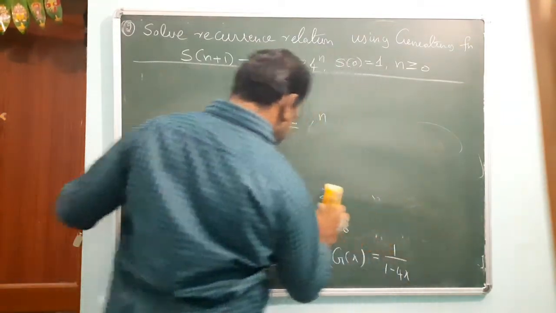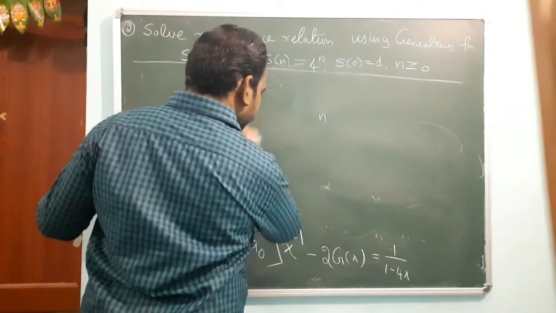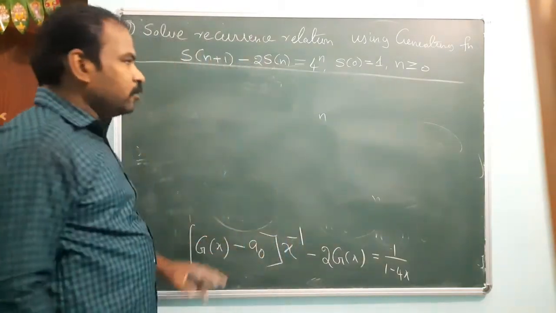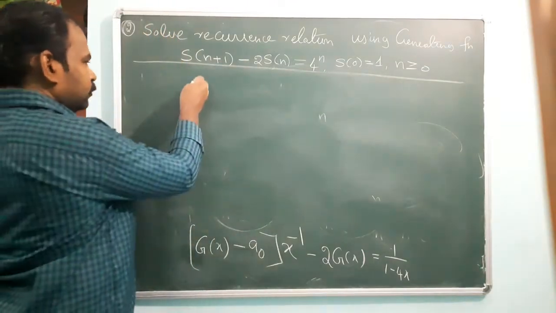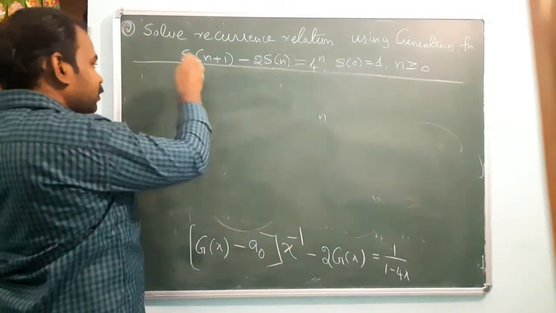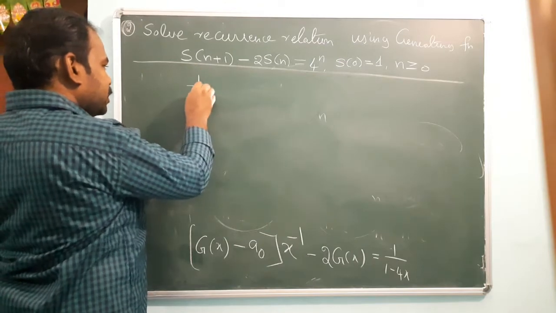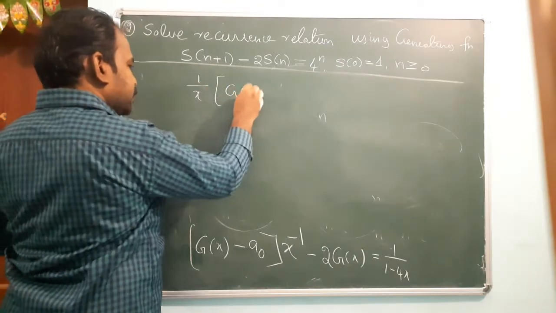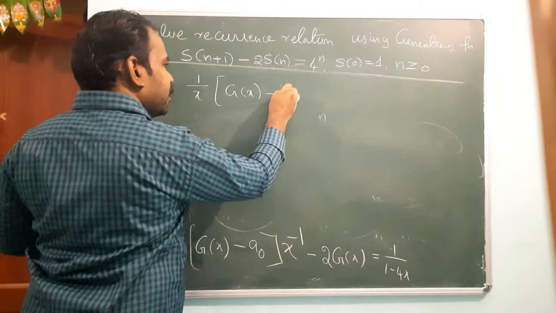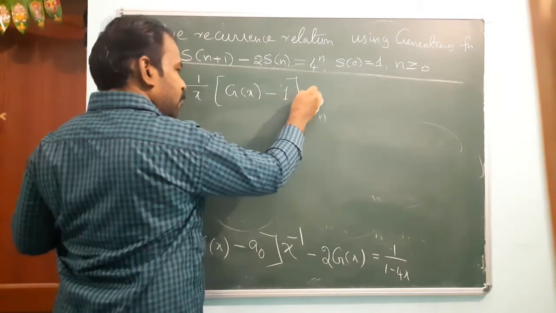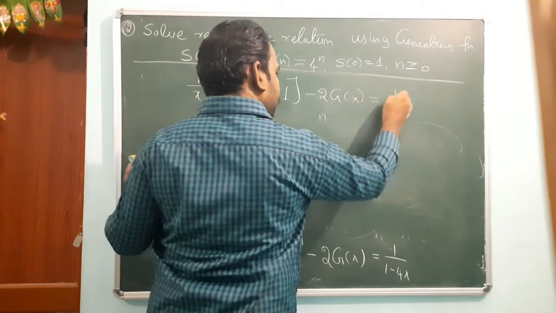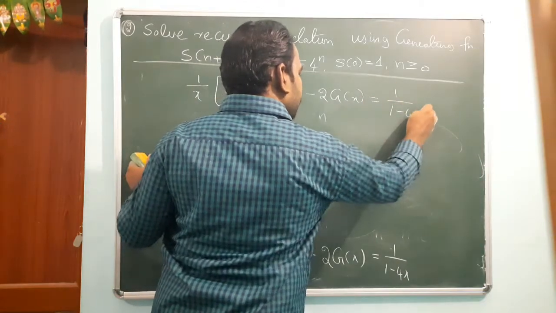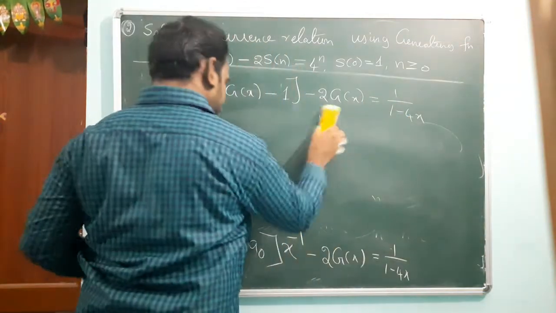Now apply the a naught value, where a naught is 1. So 1 by x, g of x minus a naught, which is 1, minus 2 times g of x, which is equal to 1 minus 1 by 1 minus 4x.